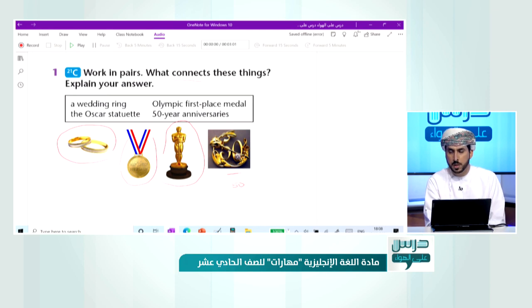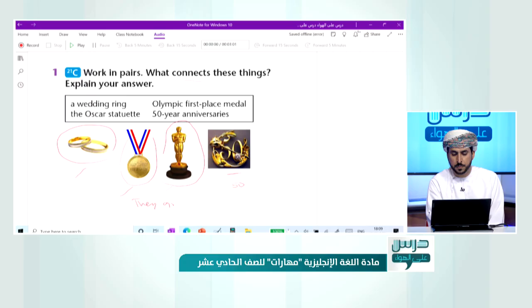Maybe if you read them, it's difficult to figure out the connections between them. But since you can see them clearly on the screen now, I think the answer is very simple here. If you notice the wedding ring here, and the medal here, the statuette here, you can notice that they are made of what?